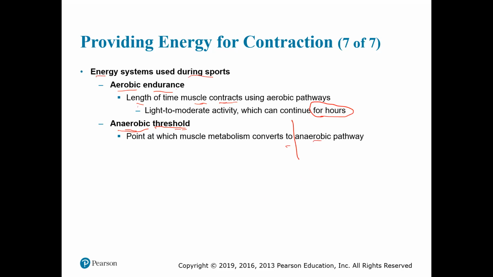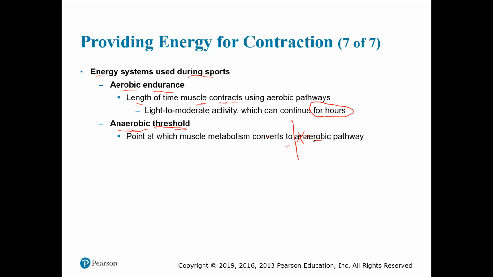So if you start running and you expect to run 5 miles or 5K, the first mile or so for you, if you're in shape, is going to be mostly anaerobic, right? So basically, this is wrong. This is supposed to be saying aerobic pathway.